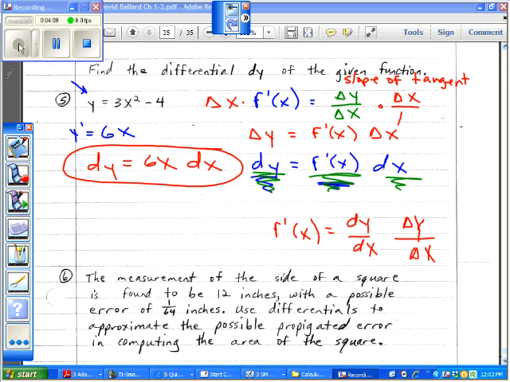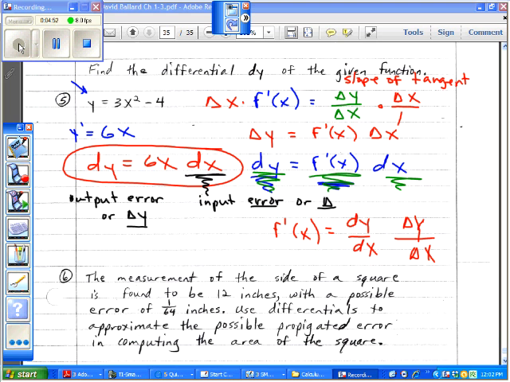Okay. So all we did is found the derivative, and we realized that dy is derivative times dx, which all came from our slope formula, as we just derived. Okay? So that gives us an equation to use to find what? If we have this much input error or change in x, then how much output error or change in y might that produce?